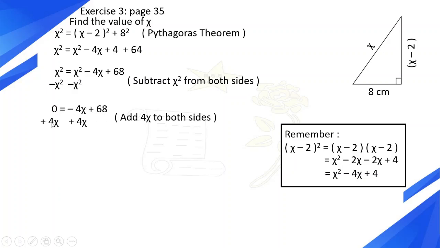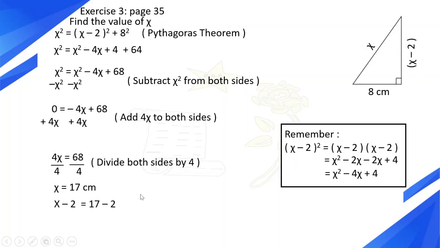Now let's add 4x to both sides. 4x equals 68. Divide both sides by 4. So x equals 17. The length of this side is 17 centimeters. What about the length of this side? x minus 2 will be, of course, 15, because 17 minus 2 equals 15 centimeters.